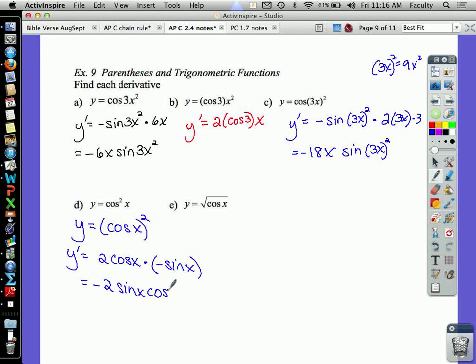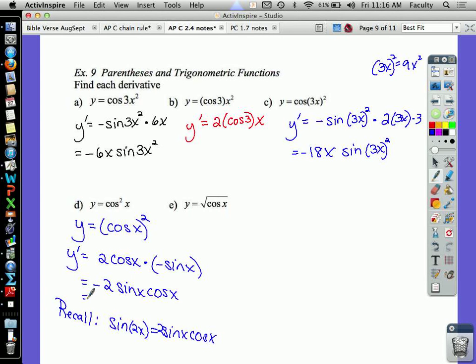Now, I want to do a little fancy footwork here. Do you remember, because this is going to creep into the AP exam, do you remember this trig thing? I think we wrote this down the other day, that the sine of 2x or 2 theta is 2 times the sine of x cosine x? Do you remember that? And we wrote this down. So how could I tidy up?